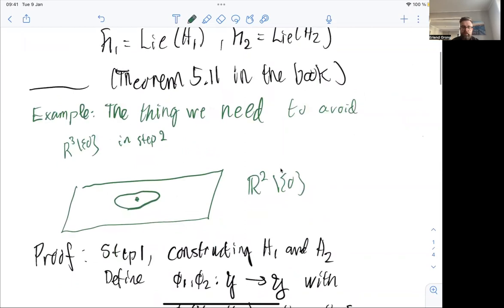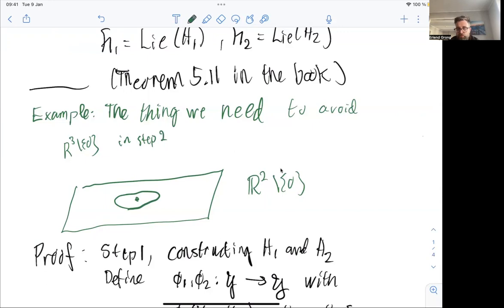One thing which is important to understand is what we're doing in step 2 of the proof. In step 2, we're trying to prove that these subgroups H1 and H2 are also simply connected. And so what we're afraid of is something like this here.